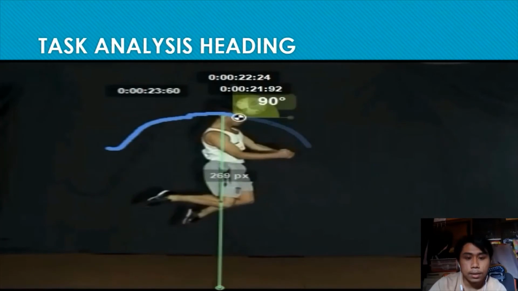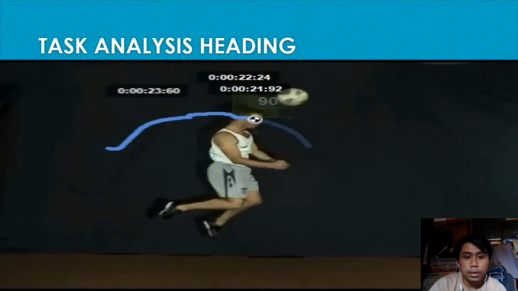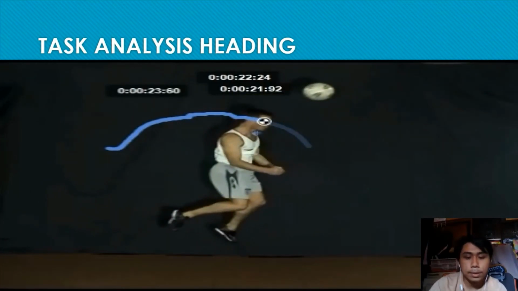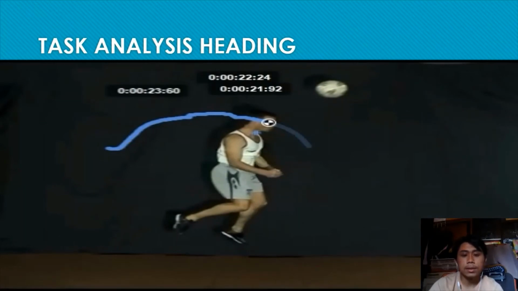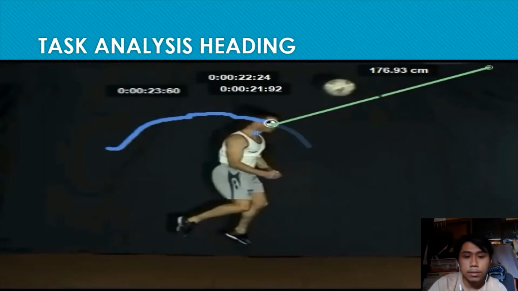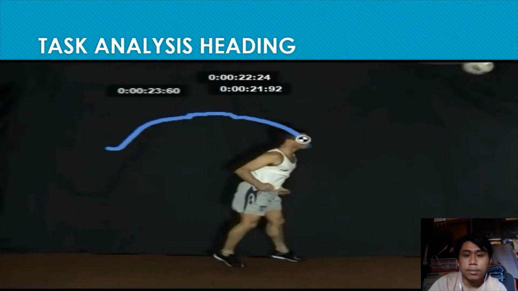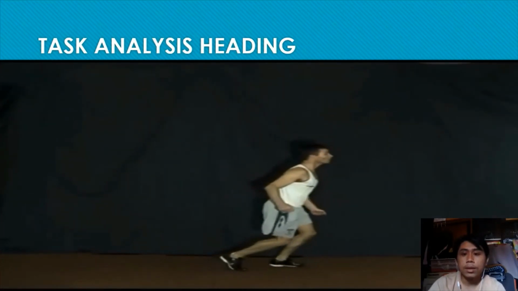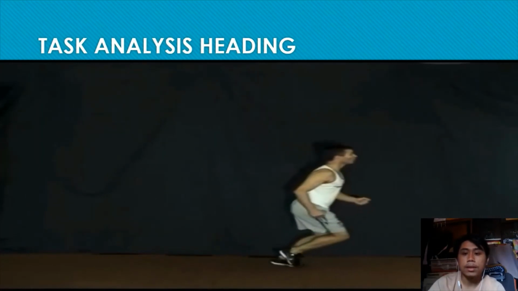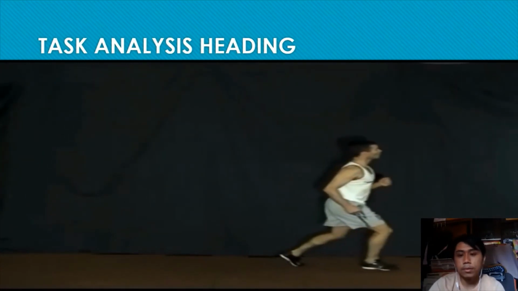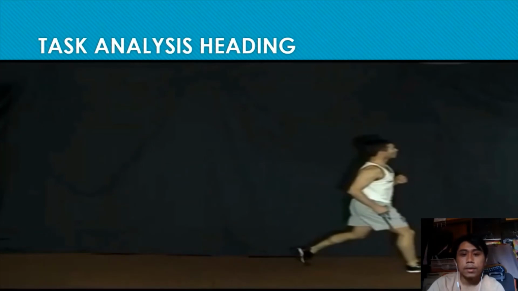Then you can see there is 269 pixels, which converts to 7 cm. The degree of the heading is 90 degrees, and the height the ball went to is 176.193 cm. The ball is far away from the starting position of the heading.